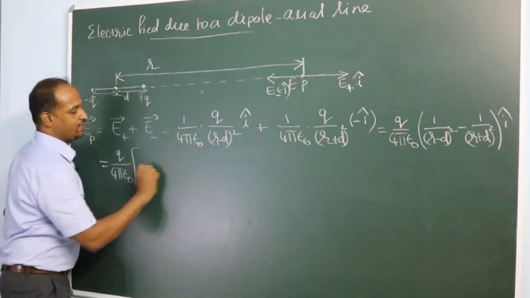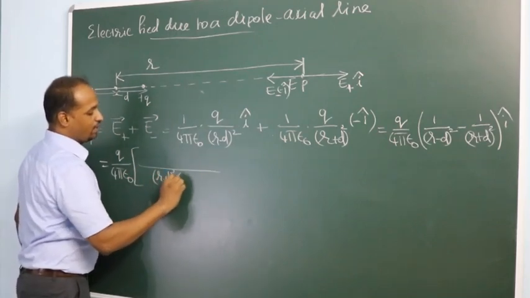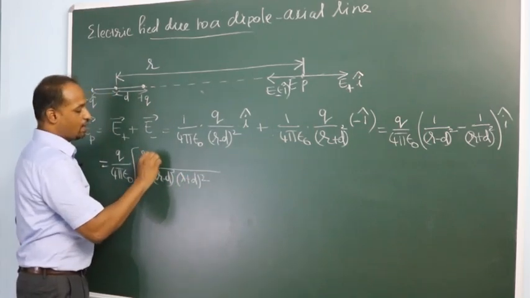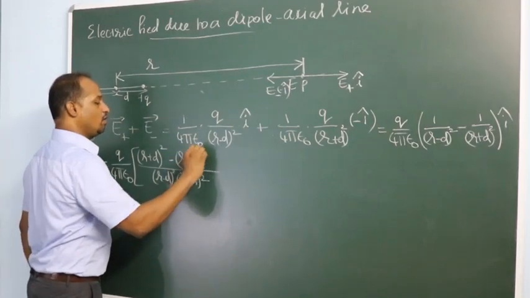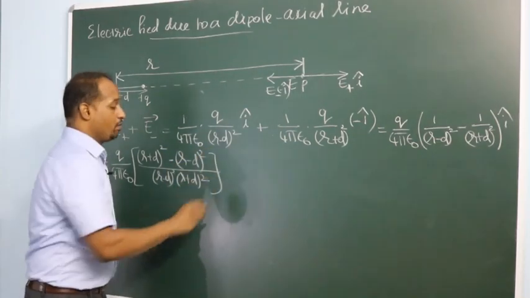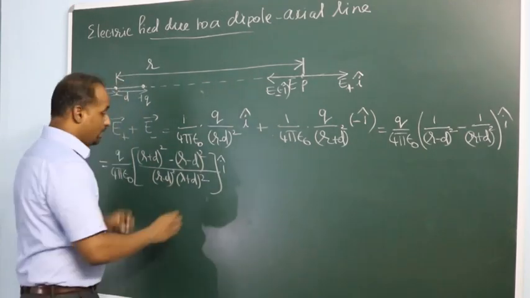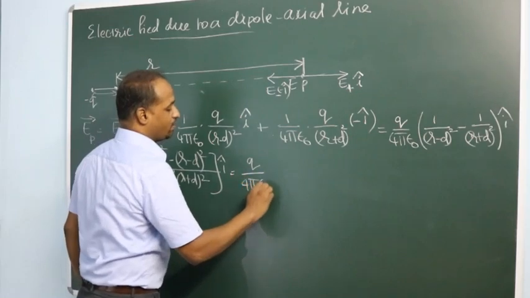You have to take LCM, which is r minus d whole square into r plus d the whole square. Then here r plus d the whole square minus r minus d the whole square. Maybe you can just pause the video and keep on deriving. Then the thing is q by 4 pi epsilon naught.